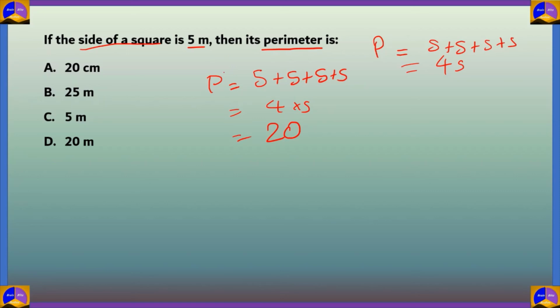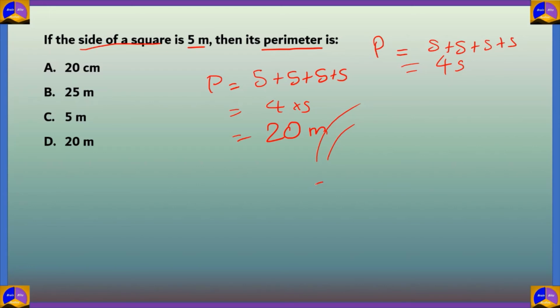Now the side of a square is 5 meter, so the perimeter will also become 20 meter. That is the correct option. Now it can't be option A because it's given 20 centimeter. Don't be confused with it.